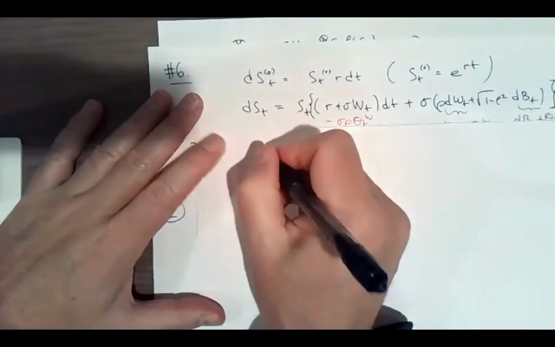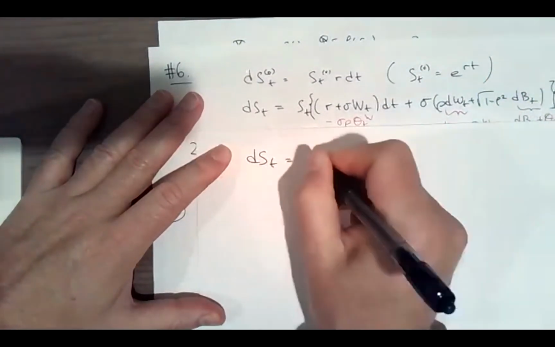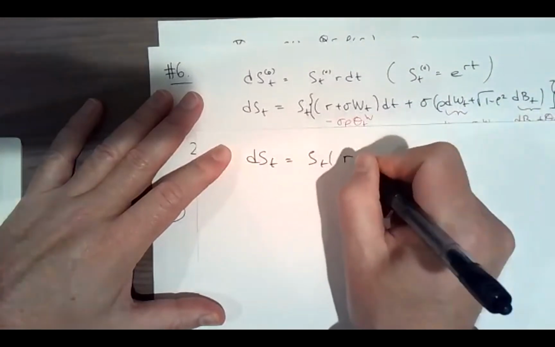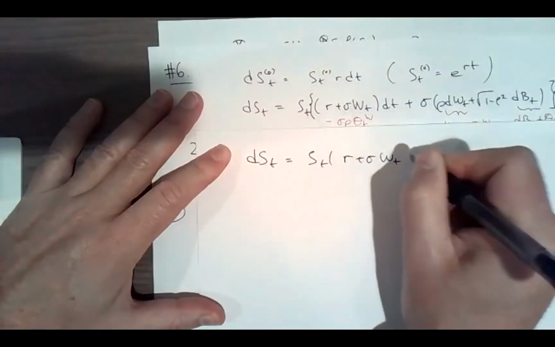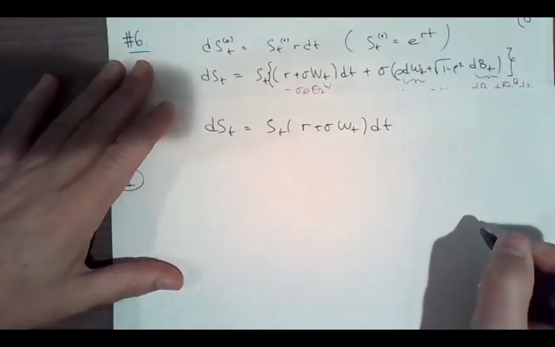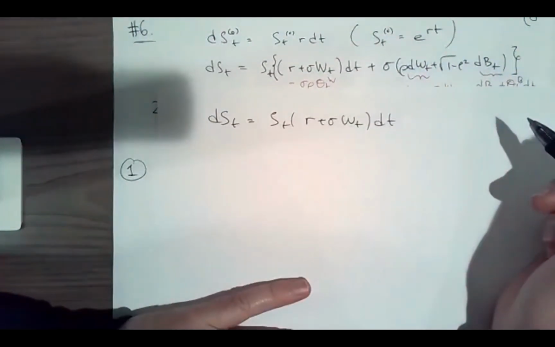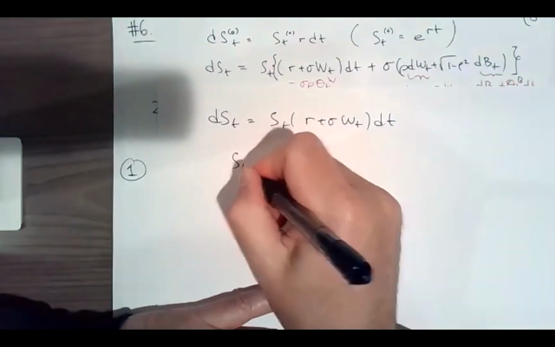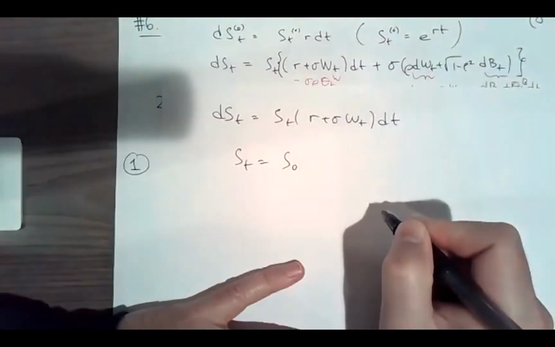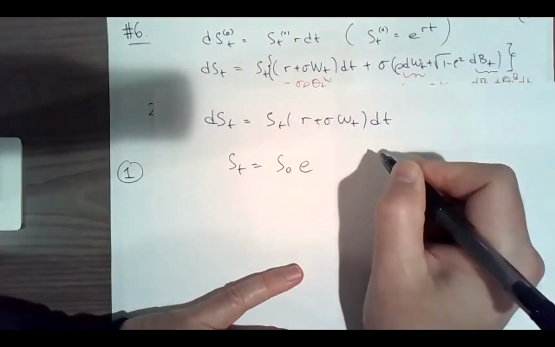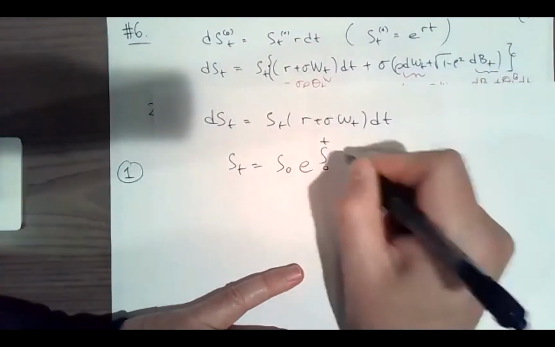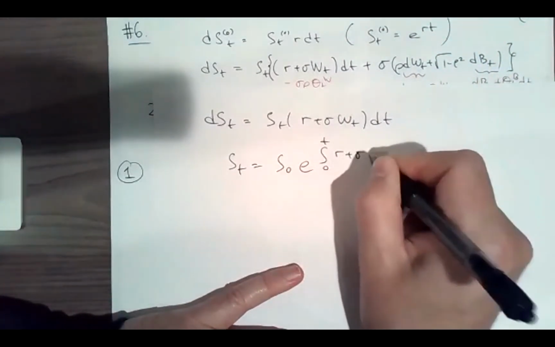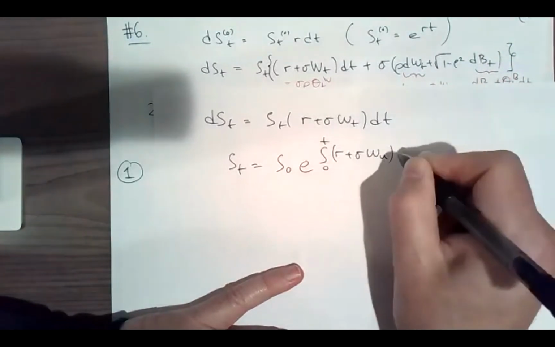If I were to give you dS_t is equal to S_t (r plus sigma W_t) dt, right? Drop the second part. You can do the same thing. Right, so S_t would be S_0 times an exponential of the integral of (r plus sigma W_u) du.